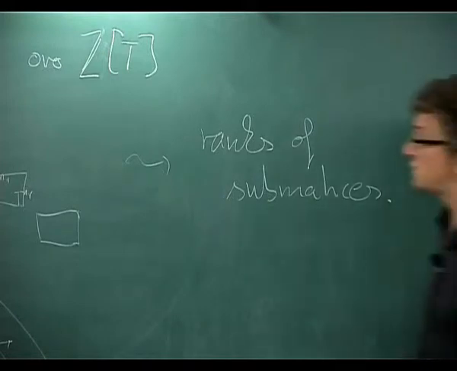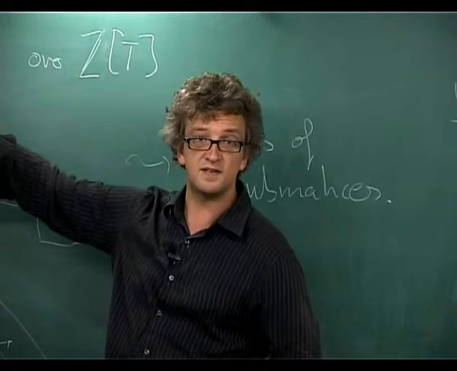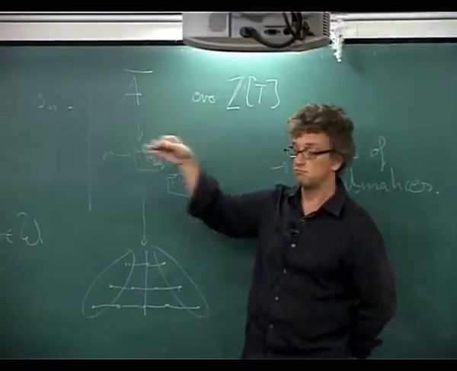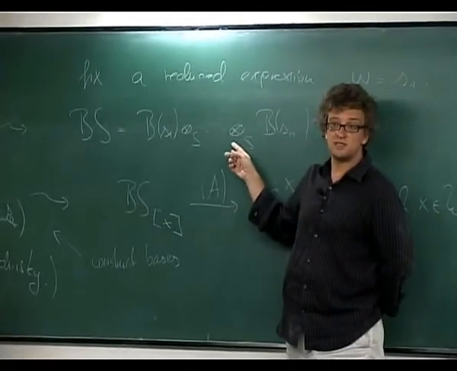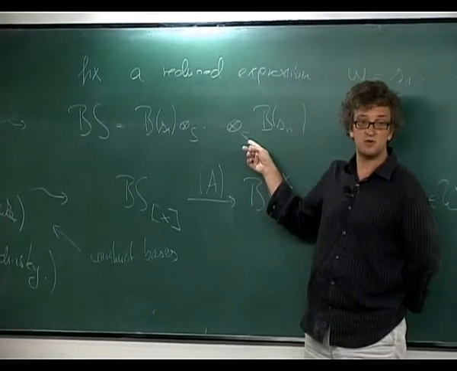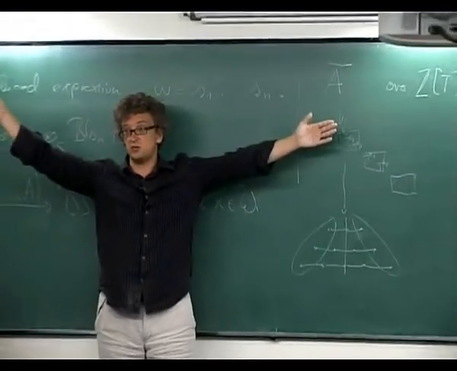As I said, this matrix is huge, because the Bott-Samuelson module itself is huge. You see the rank in every step gets multiplied by 2. So this has already rank 2 to the n as an S-module, so this matrix will already have size 2 to the n.